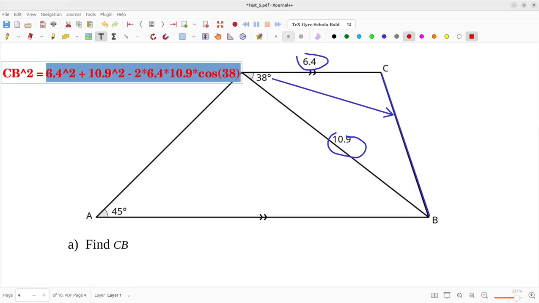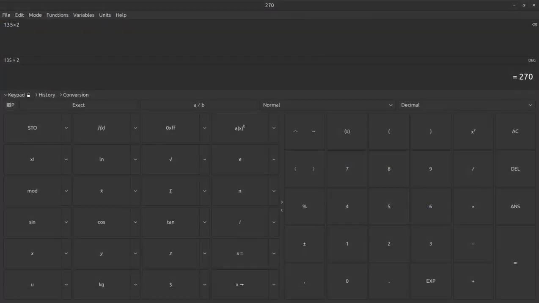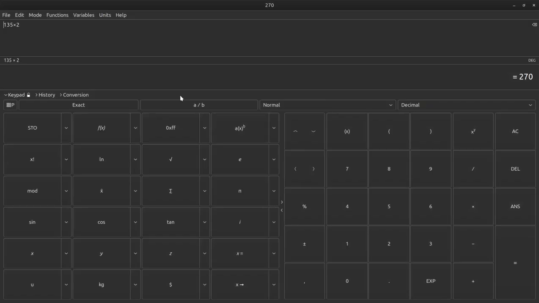Just take it as it is and put it in your calculator. Let's go to our calculator. Put that thing as it is there. It's giving me 49.826.